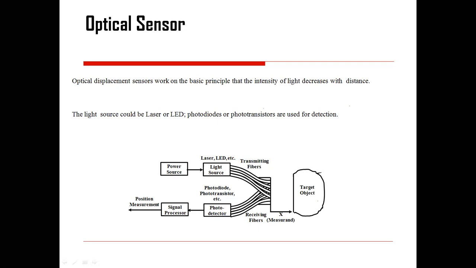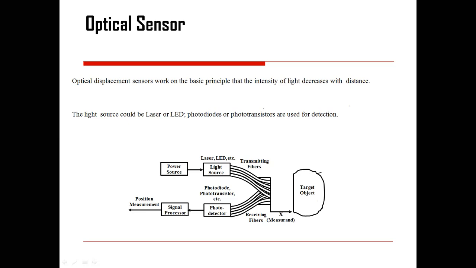Now, if we are moving the target towards the backward side, the distance or displacement is minimized, and you are going to get a fast response at the detector, meaning your time duration has been minimized. When the time duration is minimized, the response will be faster. So the change in displacement of the target can be measured easily using optical sensors.